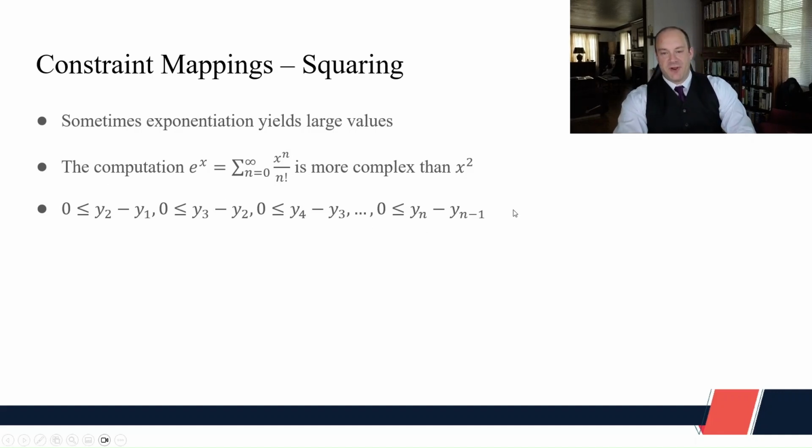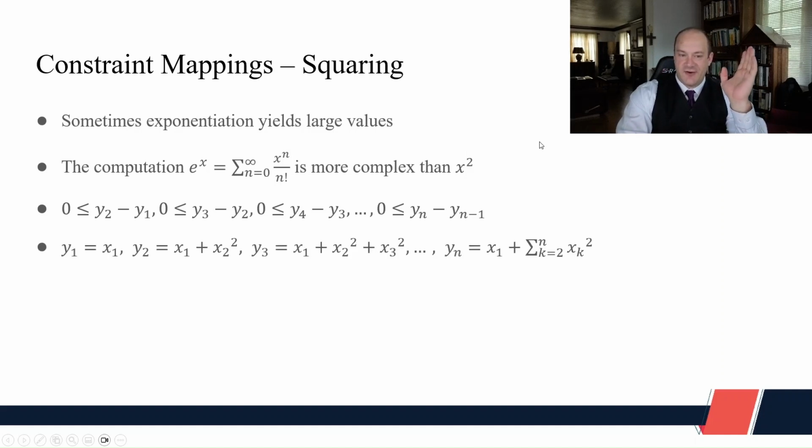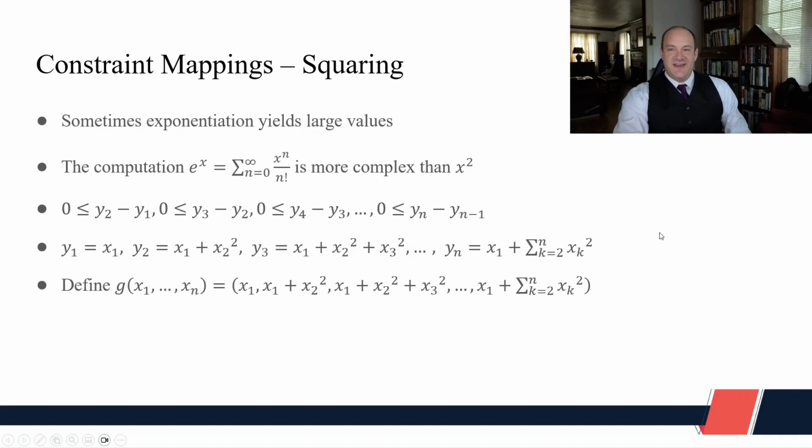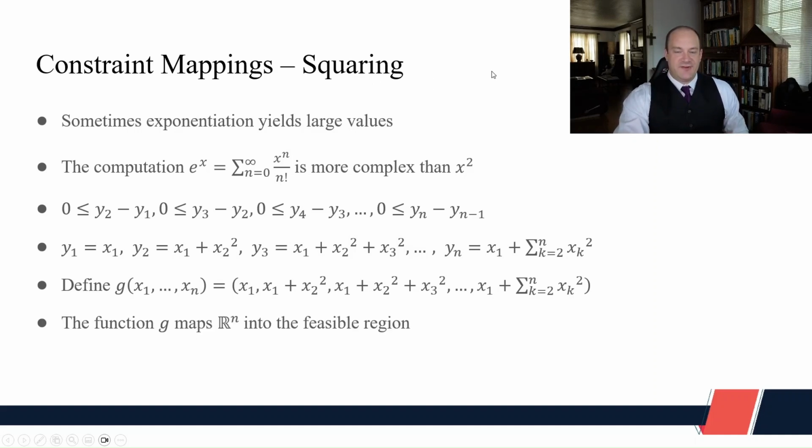But this time, instead of letting my differences be exponentials, I'm going to let my differences be squares. And so this right here is still a mapping into the feasible region, except now instead of summing up exponentials, we're summing up squares. So it's computationally less expensive, and you're going to avoid those large values. It maps into the feasible region.